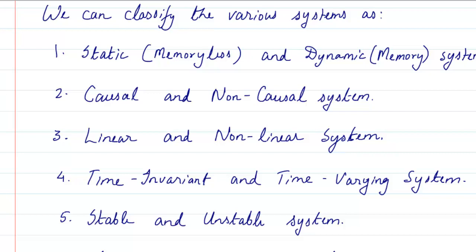And unstable systems are those in which, even though the input is stable, sometimes the output may go out of hand or go unstable. One of the classic examples of an unstable system is the nuclear reactor disasters that we saw in very early days.